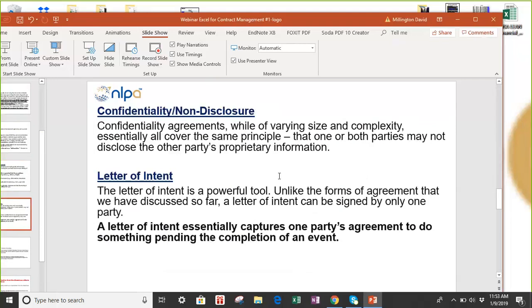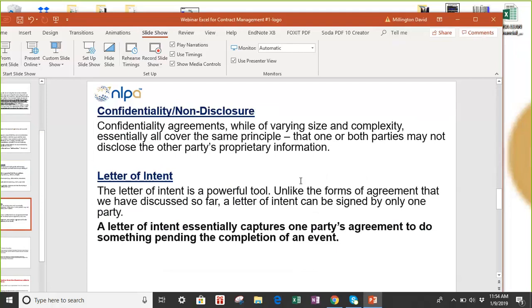Then another type of agreement or contract would be a confidentiality or non-disclosure agreement. I'm sure many of you have been asked to sign a non-disclosure when you have been employed by an organization, or if you're providing a service as, let's say, a consultant for an organization, you would have to sign, and it's a best practice to have a non-disclosure agreement signed that you would not divulge certain proprietary information relative to that organization.